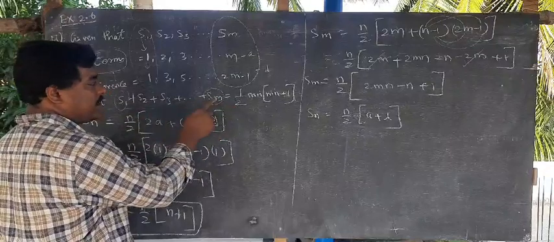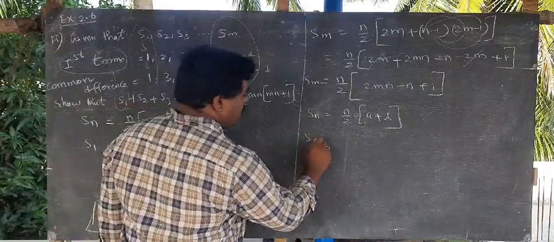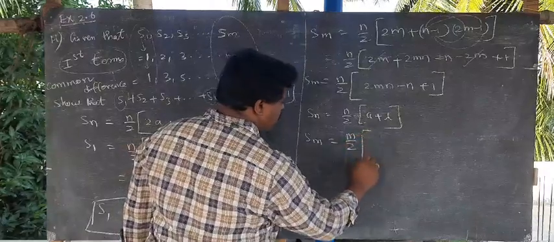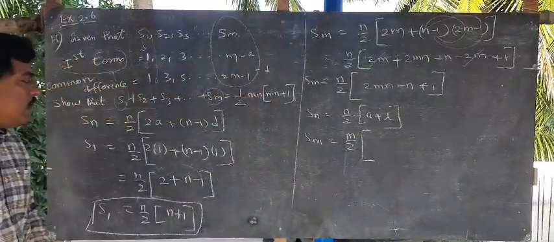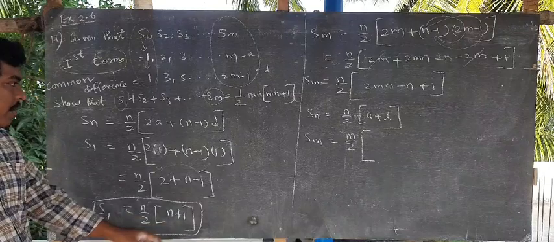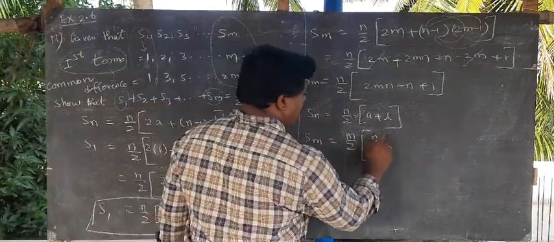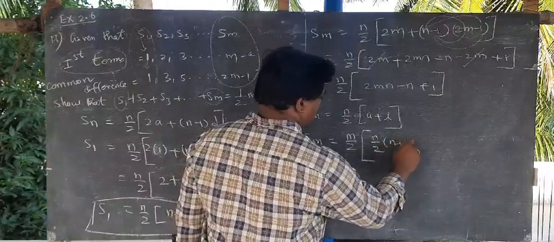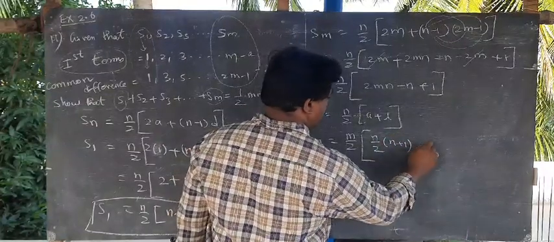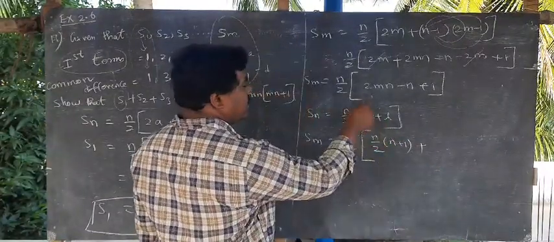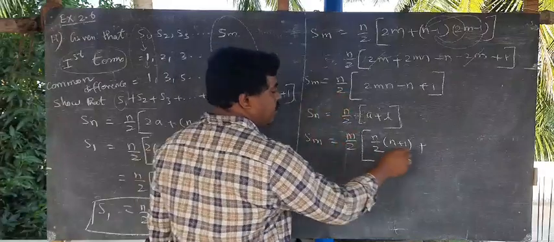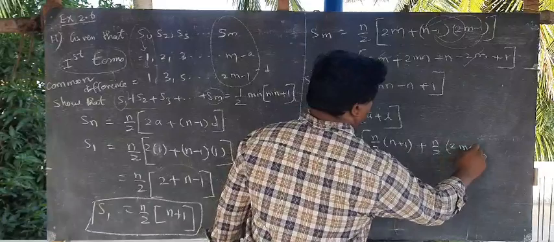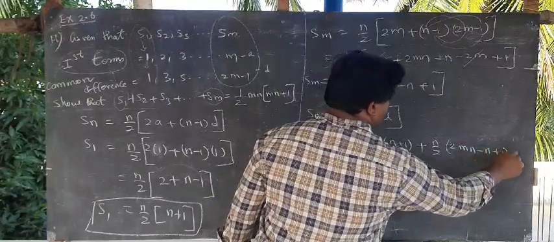So Sm equal to m by 2. a is what? n by 2, n plus 1. n by 2, n plus 1 plus l equal to n by 2, 2mn minus n plus 1.